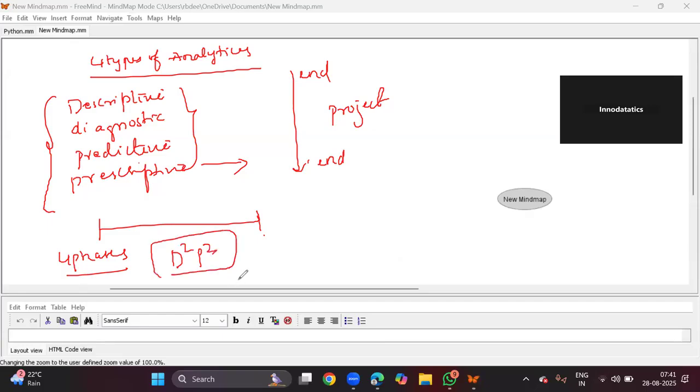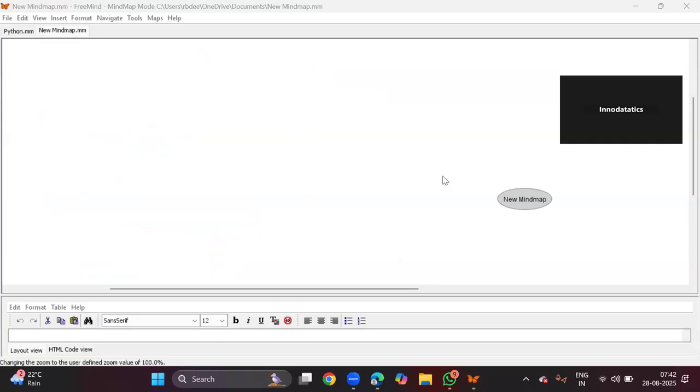Descriptive, diagnostic, predictive, prescriptive. So, to understand this, we will have to understand what is happening at every stage of analytics.